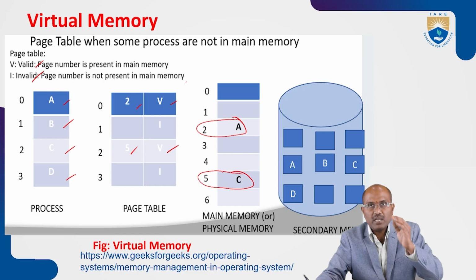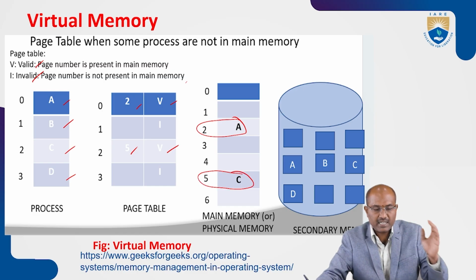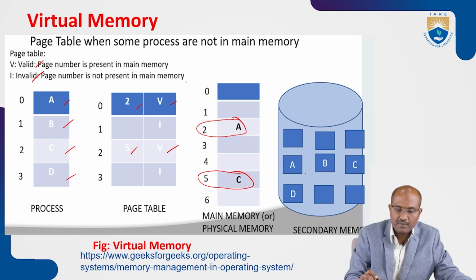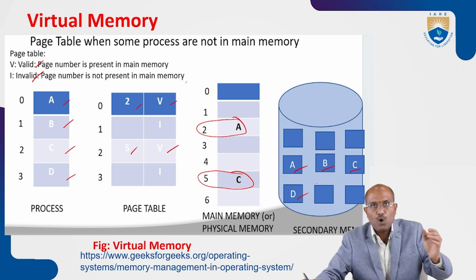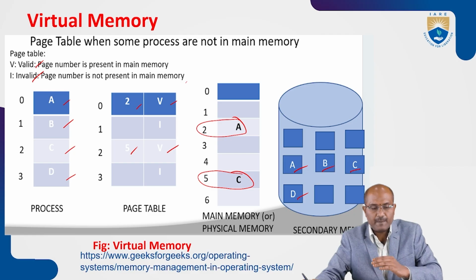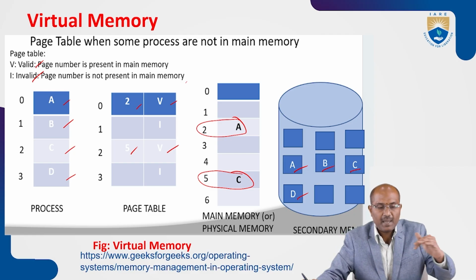Then the main memory frames are mapped, and A, B, C and D are loaded in the secondary memory. When some processes are not in the main memory, that is called an invalid bit.